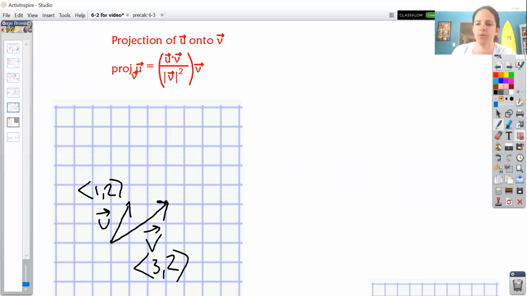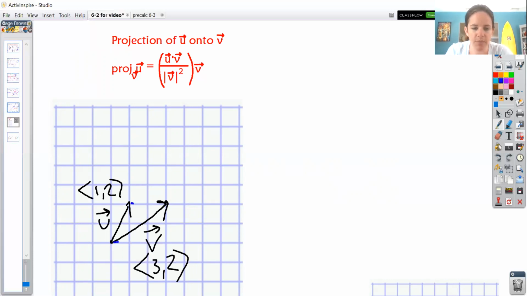The projection of u onto v, which just means the component of vector u that is in the direction of vector v. So if I break vector u up into two vectors that are perpendicular to each other, but one of them is in the direction of v, that's the projection.